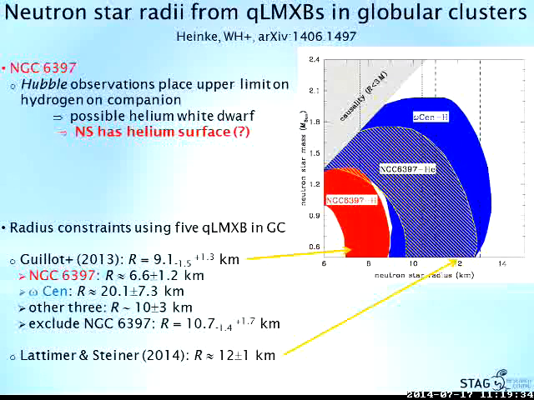But then if I again make the assumption of mass independence, can I fit 6397 in the same way, with a vertical line through Omega Cen? Obviously, I can, and it fits well within Andrew's and Jim's radius constraints, which are these dashed lines here.